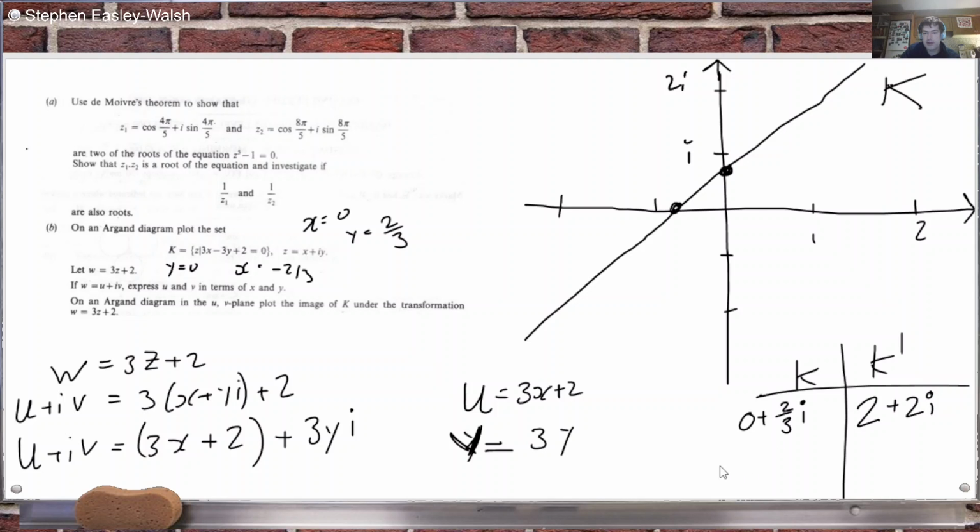And then if we take our other point, minus 2/3 plus 0i, the u becomes 3 times that, so that's minus 2 plus 2 is 0. And then the v is just 3 times y. Oh, that's 0 as well. So that becomes 2i, which is up here, and 0.